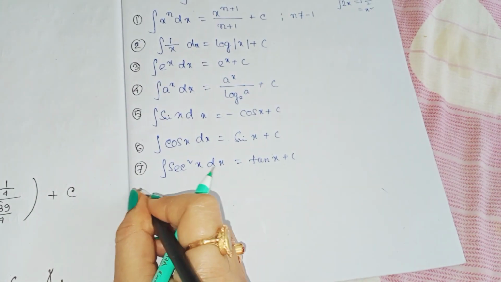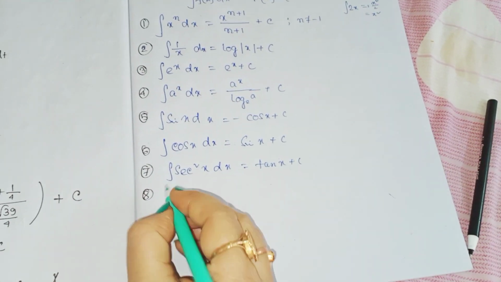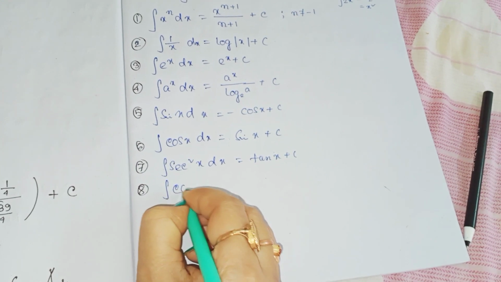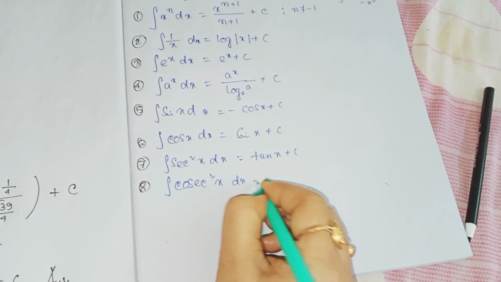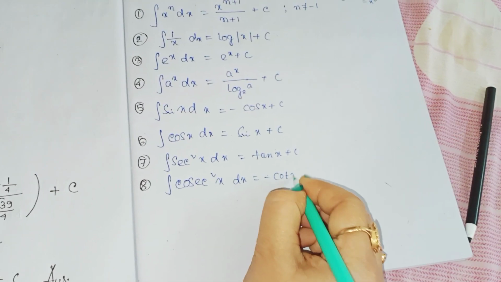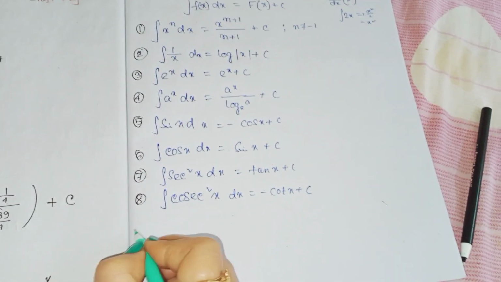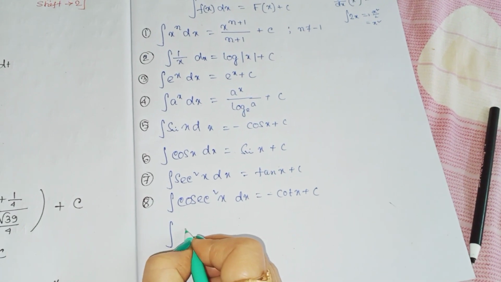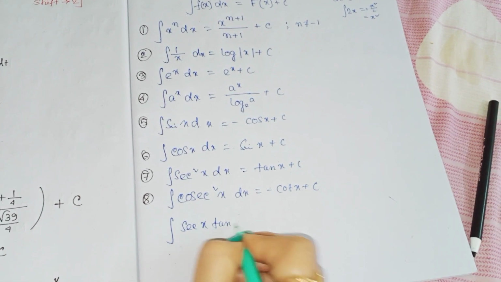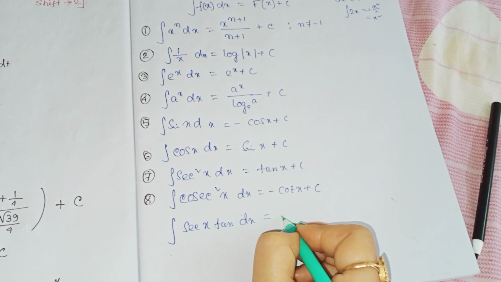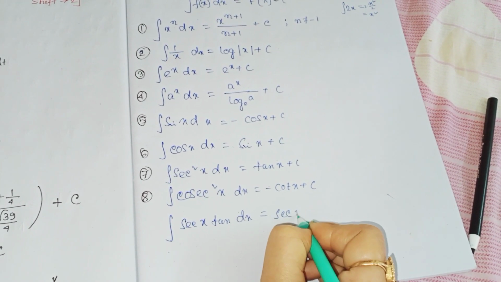Number 8, integration cosec square x dx is equal to minus cot x plus c. Number 9, integration sec x tan x dx is equal to sec x plus c.